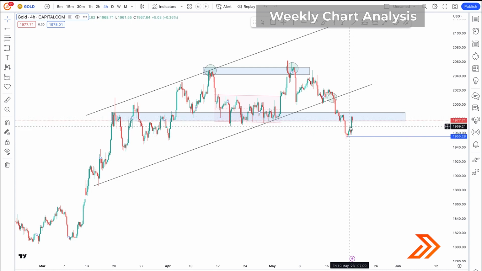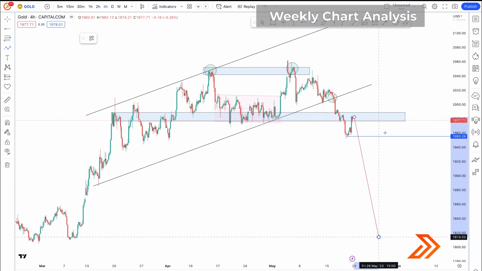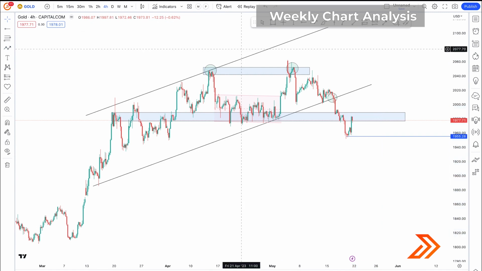But on a long-term basis, I'm looking for further bearish output on gold. I could be looking at price reversing from this zone and coming back to this low. Sorry about this, this drawing confuses me a lot.